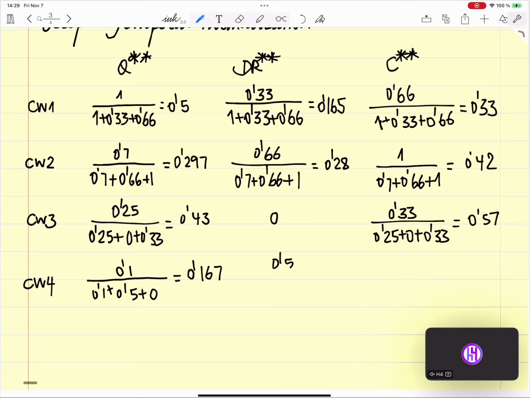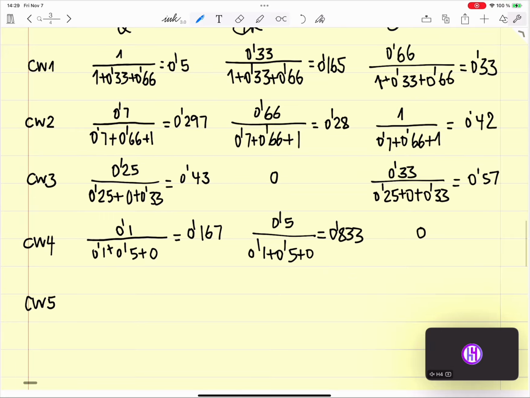Then 0.5 divided by 0.1 plus 0.5 plus 0 yields 0.833, and then 0. And for calendar week 5, it is 0, then 1 divided by 0 plus 1 plus 0.33, which is 0.75, and then 0.33 divided by 0 plus 1 plus 0.33, 0.25.